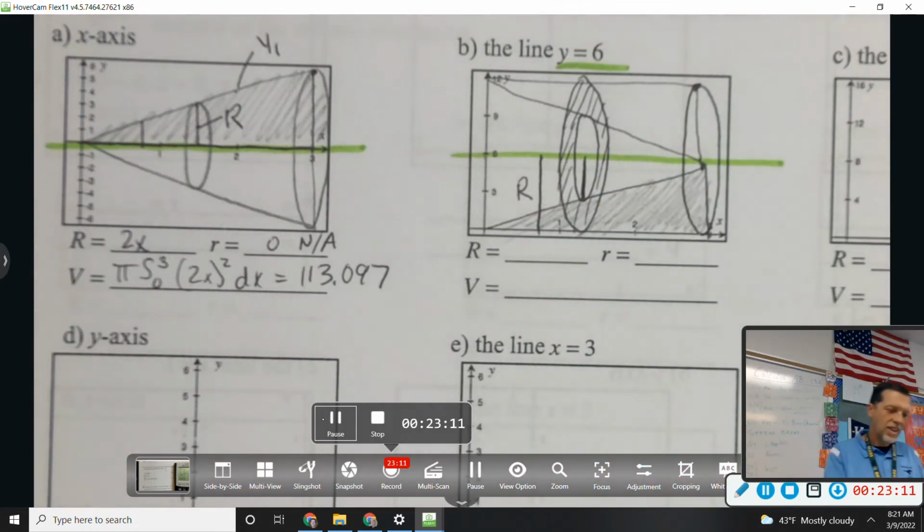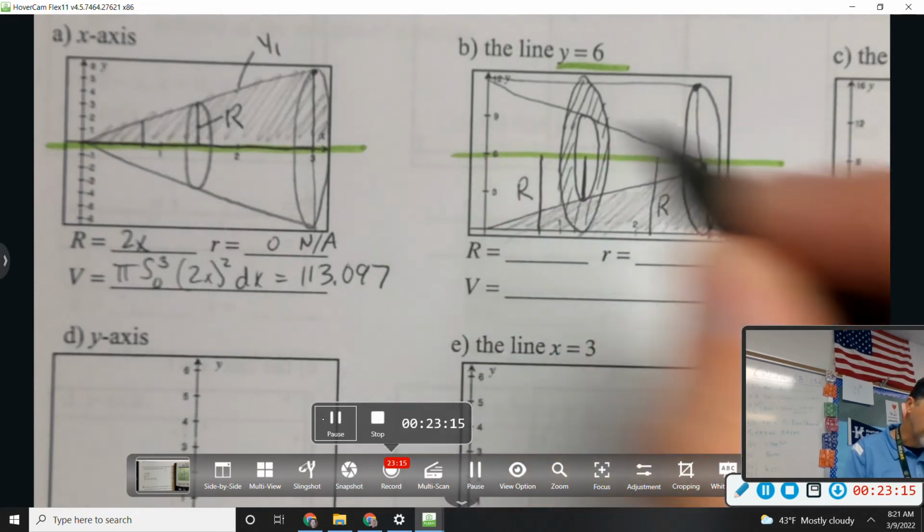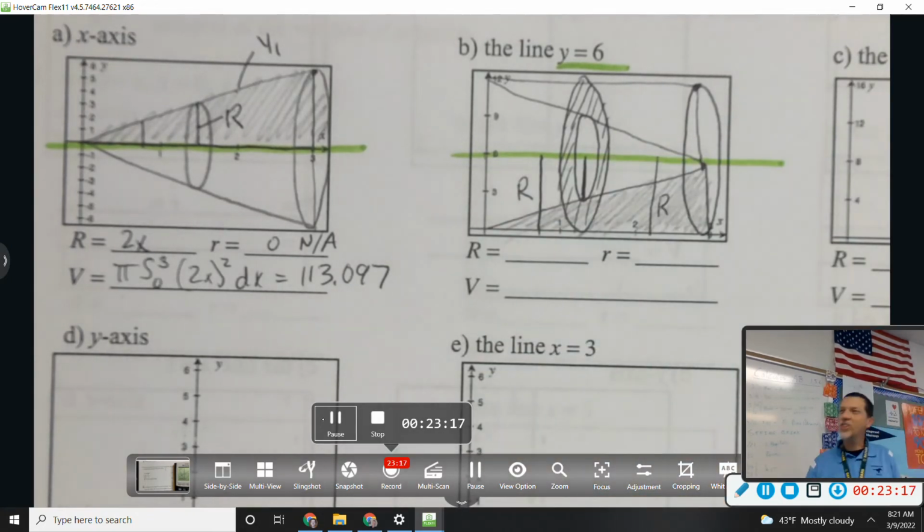So y equals 12 and negative 12. The big R doesn't change, so if it doesn't change, a mathy word for that is constant. It's just 6. That sort of matches with, we said the outside looked like a cylinder. It has a constant outside radius.